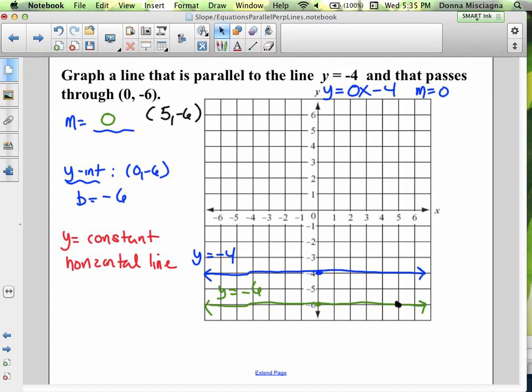And it's still going to be the equation y equals, oh, I should probably write the equation down, y equals -6. I did write it on the graph, but I'll write it over here too, y equals -6. That was a nice easy one. I like those horizontal lines.